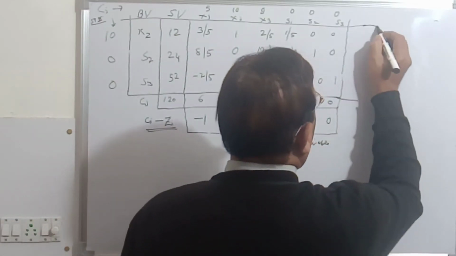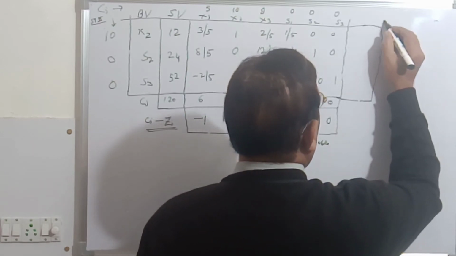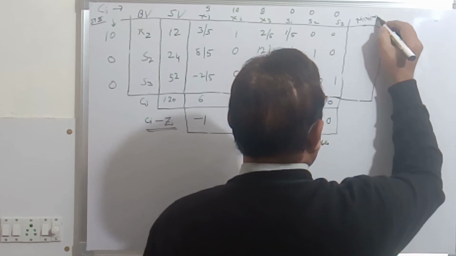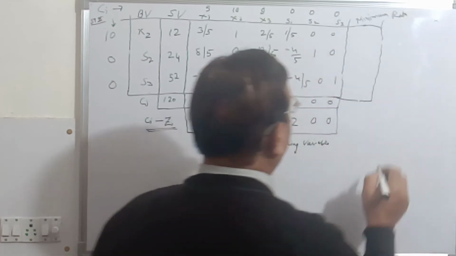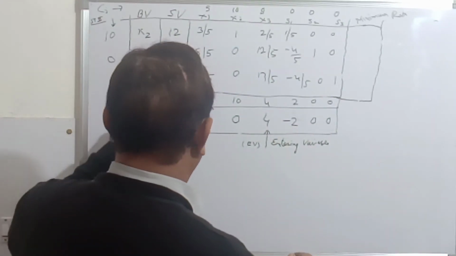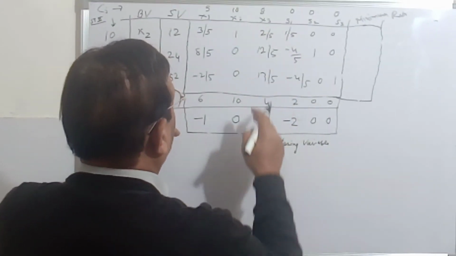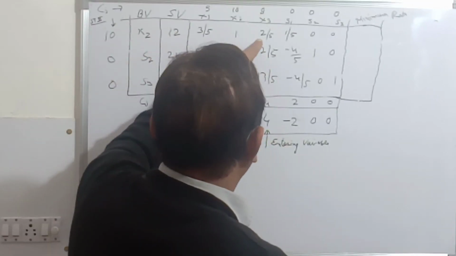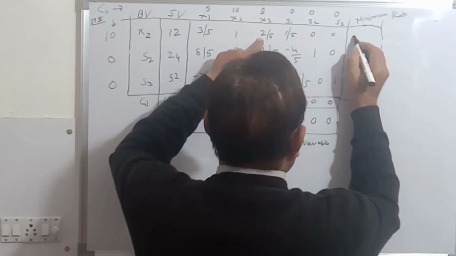Now you have to calculate the next, the minimum ratio. This ratio is calculated by dividing the solution variable by the corresponding coefficients of the entering variable. 12 divided by 2 by 5, 30.